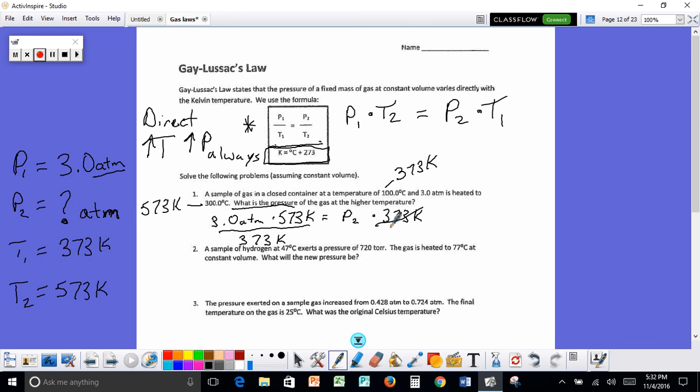That gets rid of 373 on this side, leaving only P2. I'm going to draw a box for my answer just to help my teacher out a little bit when he's grading this, just so he has a nice clean place to see the answer. So we're going to take 3 atmospheres times 573 K, divide it by 373, and that will give us our new pressure. So go ahead, pause the video and take a minute to solve.